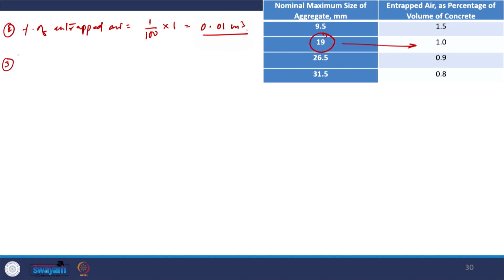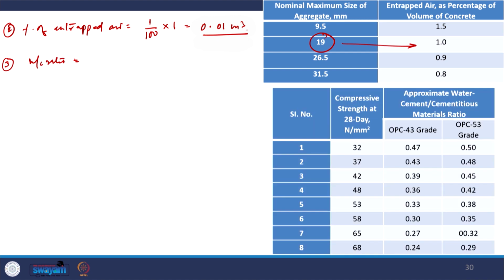Then we will go to the third step of selecting the water cement ratio. The water cement ratio is a function of the target compressive strength and the grade of the cement. Our target compressive strength is 48.25, so it is somewhere between 48 and 53, which means we have to interpolate the water cement ratio between 0.36 and 0.33.